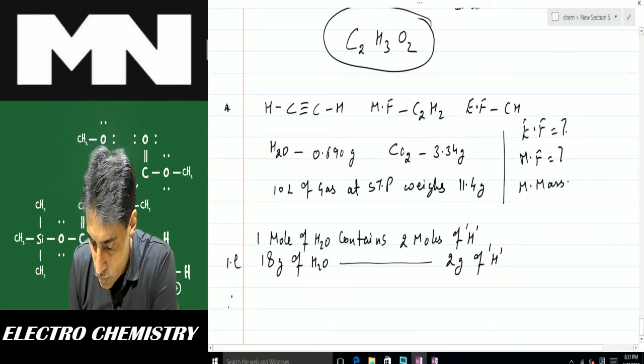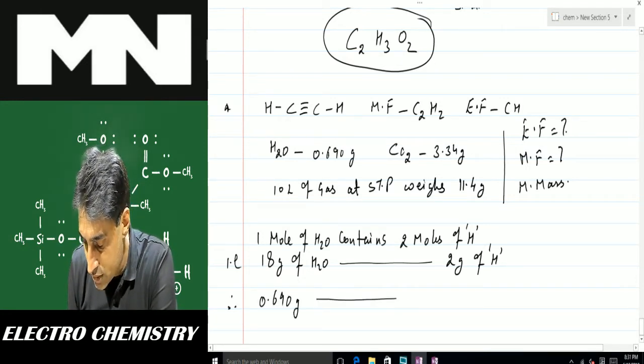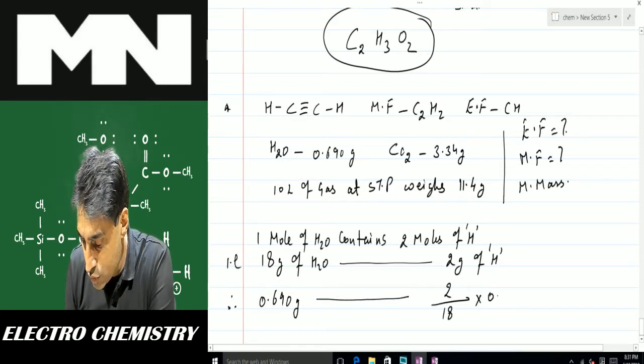Therefore, the quantity of water which I get, 0.690 gram of water, contains 2 by 18 into 0.690 grams of hydrogen.